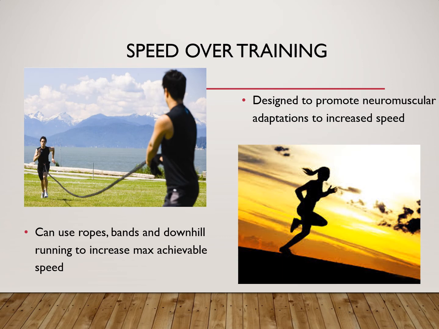Now, obviously, sometimes this can come with some limitations. So the use of downhill running particularly can change the running mechanics and posture, which may not translate when it actually comes to applying it on the flat. Sometimes, again, with the use of ropes or bands, they can be too strong, particularly bands, and again, it can pull people out of their normal running mechanics.